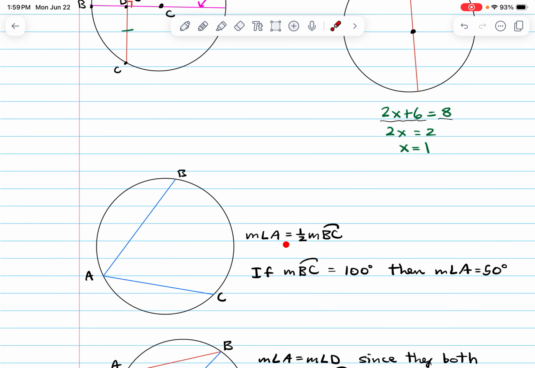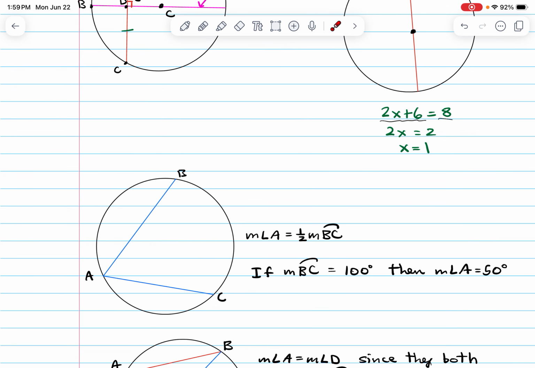That angle right there is 1/2 of the arc that's been intercepted. So these two chords come up here, they form an angle here, and they intercept an arc. The measure of this angle right here is 1/2 of whatever this is. So if BC is 100 degrees, then the measure of angle A is 50 degrees.